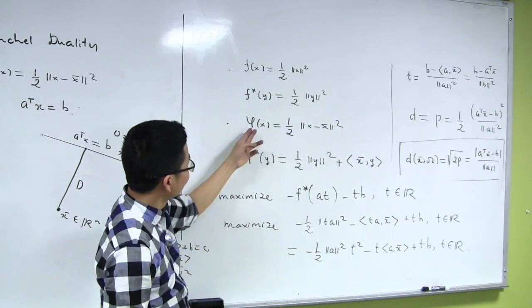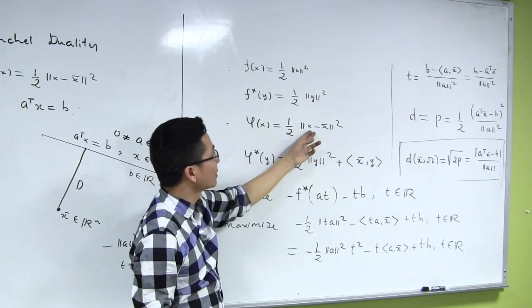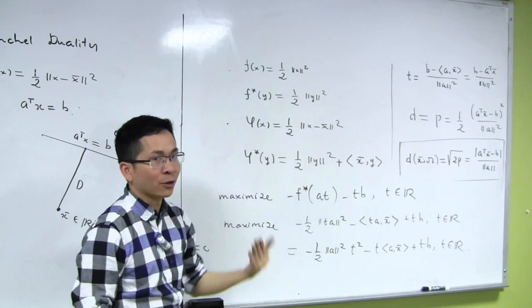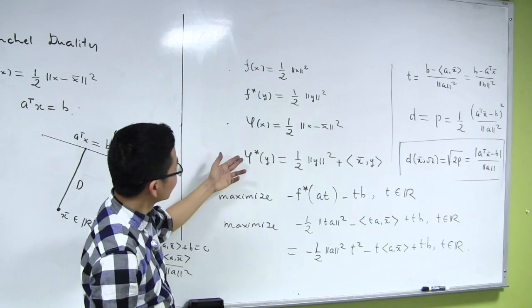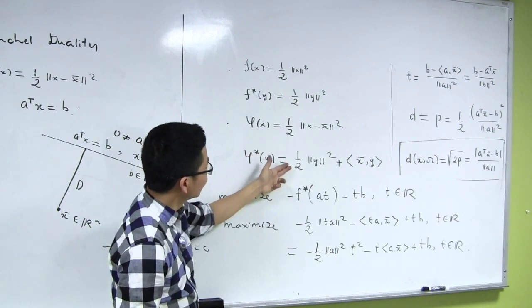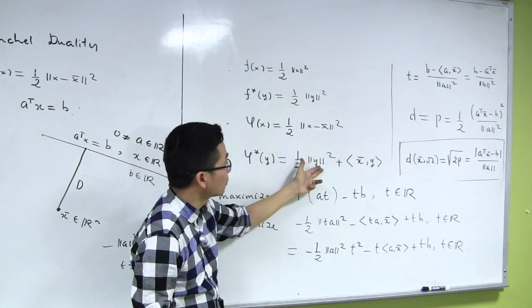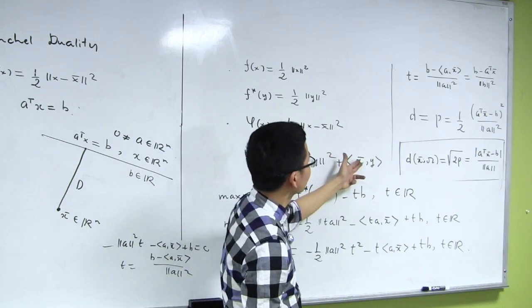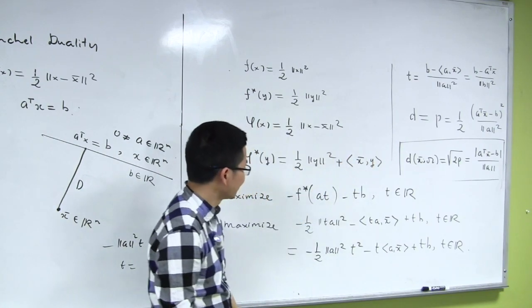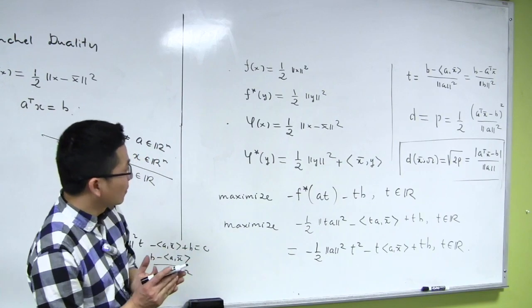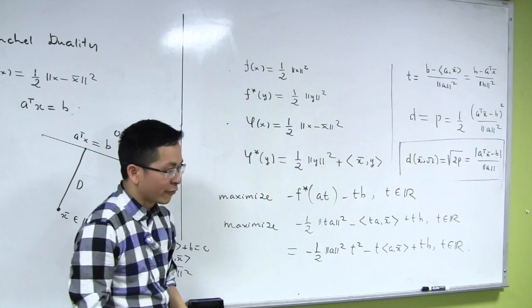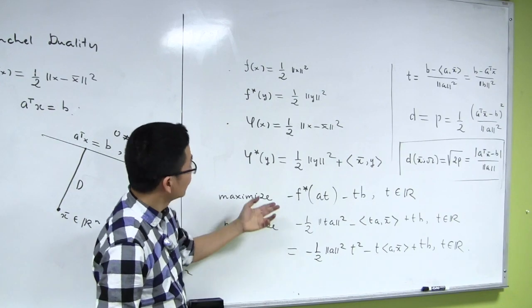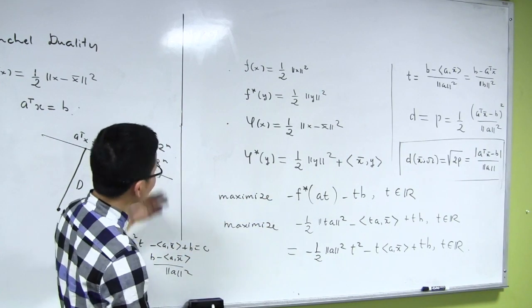Okay, and if you apply the simple calculus rule for the Fenchel conjugate presented in my previous lecture, you're going to see that phi star of y is 1/2 norm of y squared plus the inner product of x bar and y.